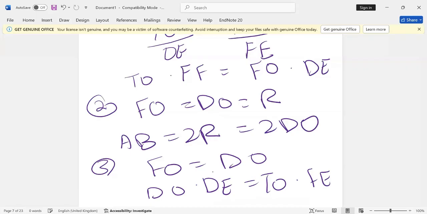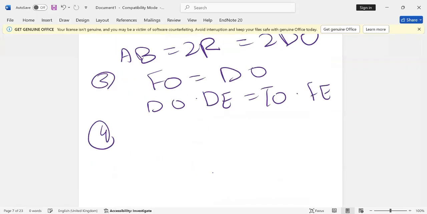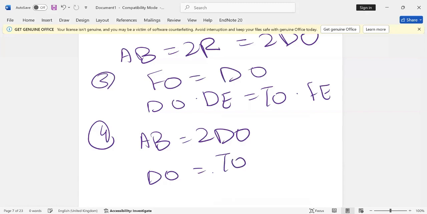Okay, so the fourth point is the required proof: DO equals TO dot FE by DE. So substitute AB equals 2DO. So DO equals 2TO dot FE by 2DO.